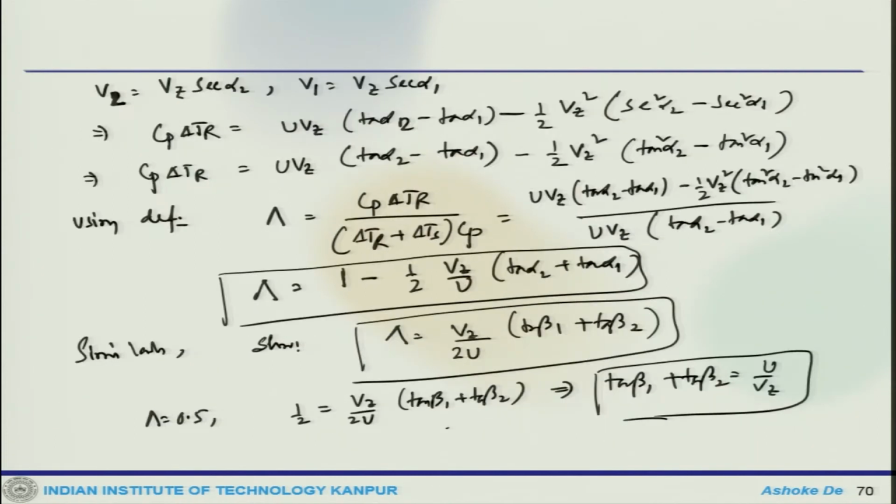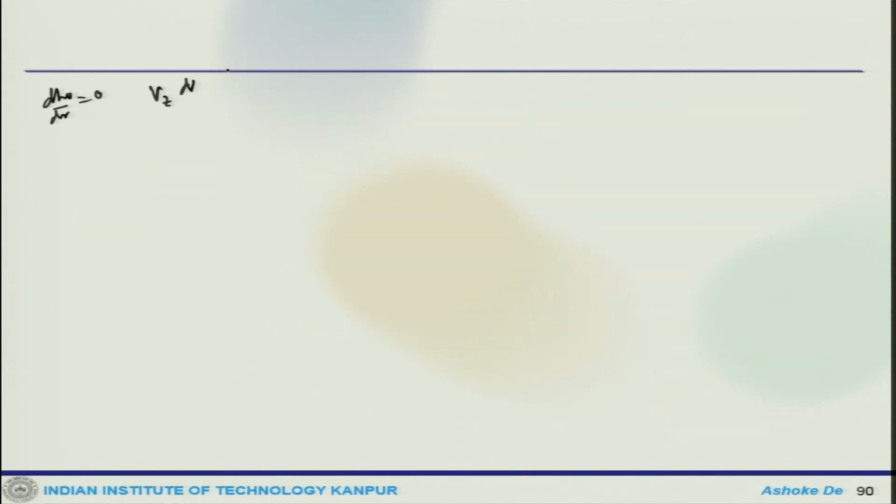So, then we can find out Vz by dVz by dr plus V theta by dV theta by dr plus V theta squared by r equals 0.